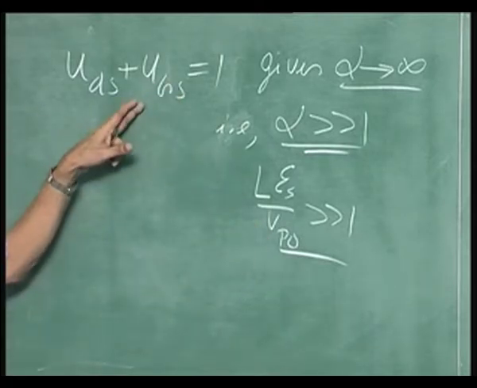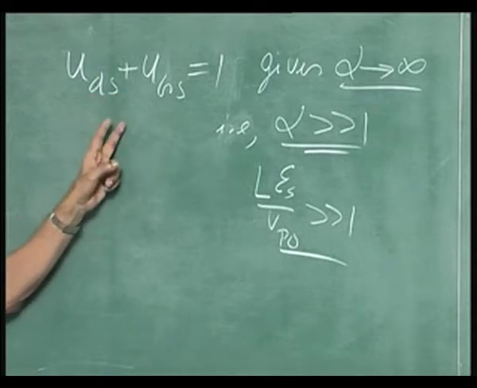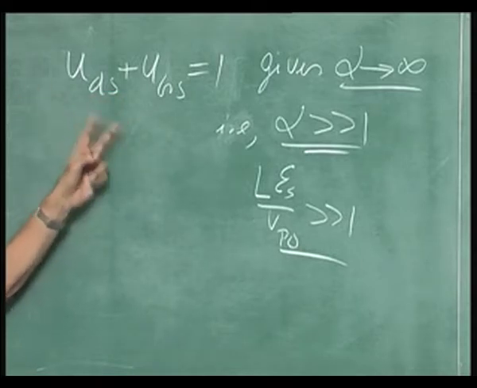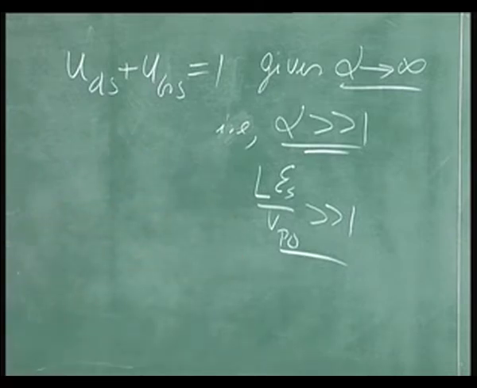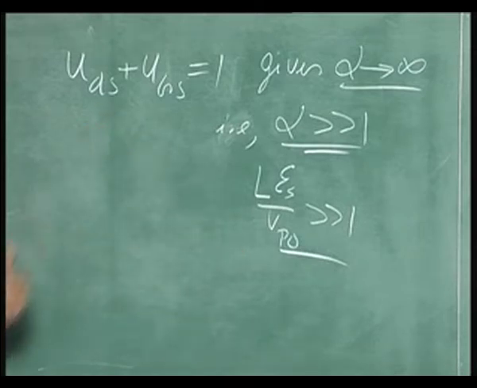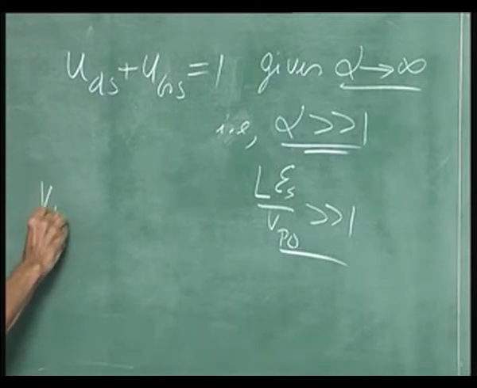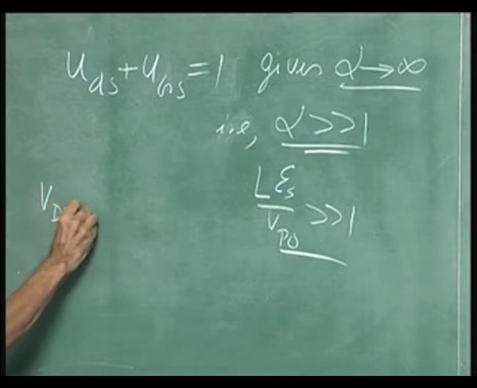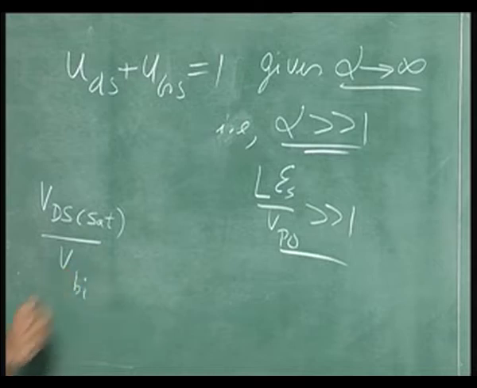What is this condition? This condition that we have written here turns out to be true when that is satisfied, or it is closer and closer to be true when this is larger and larger. What is this quantity? Write down, remove the normalized thing, you will recognize it. UDS is VD sat divided by VP 0.